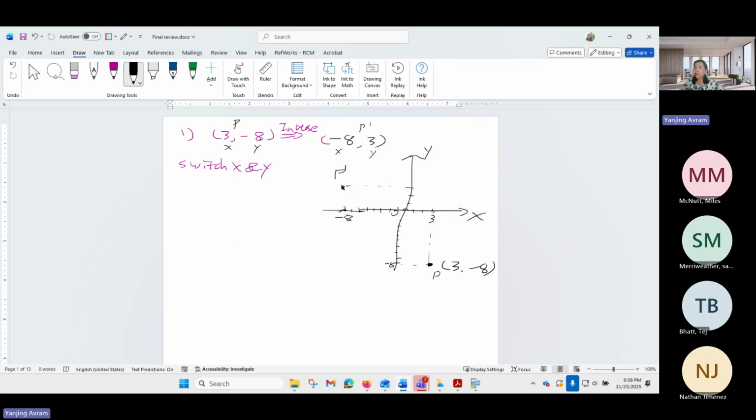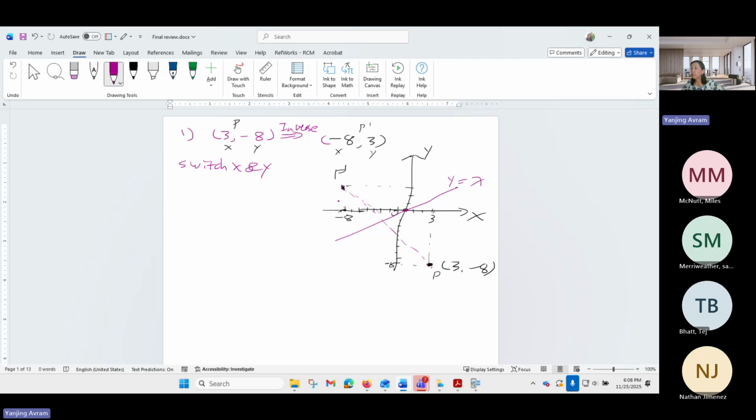But if I connect these two points together, and then I draw Y equal to X in the middle, this is Y equal to X, at 45 degrees.